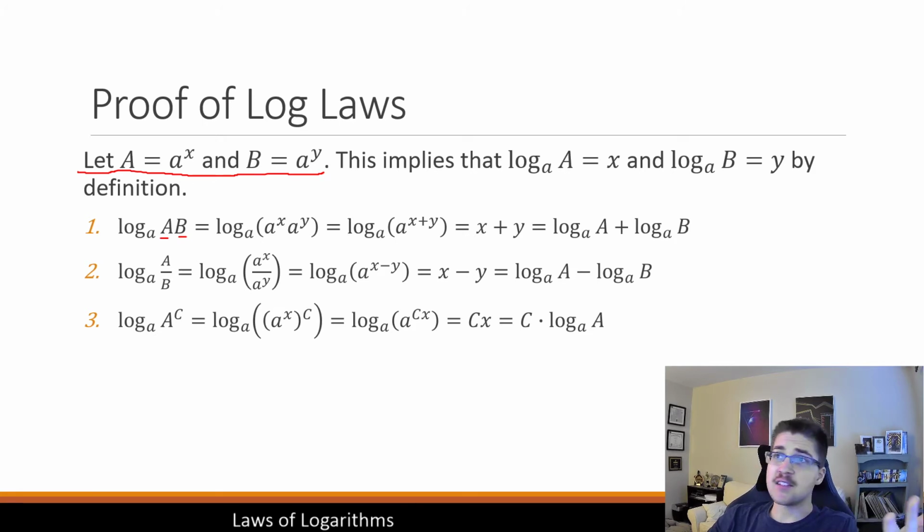And given that assumption, since these are exponential equations, we can always translate an exponential equation to its logarithmic form by the definition of the log, right? Because if I swap x and a, that would leave me with log base a of A equal to x.